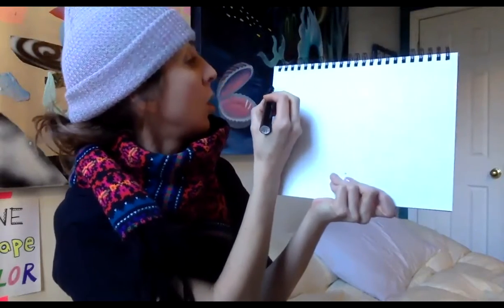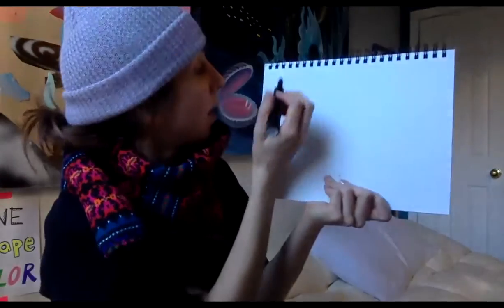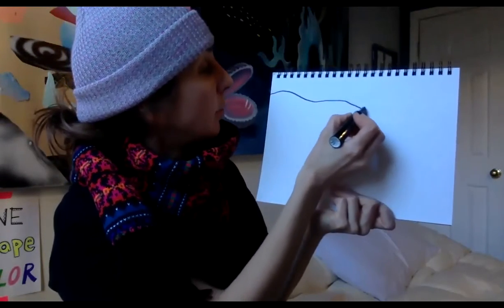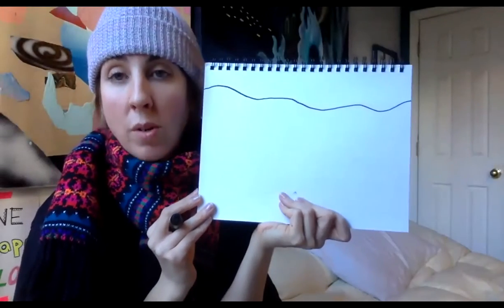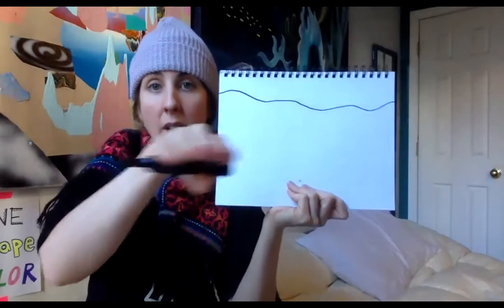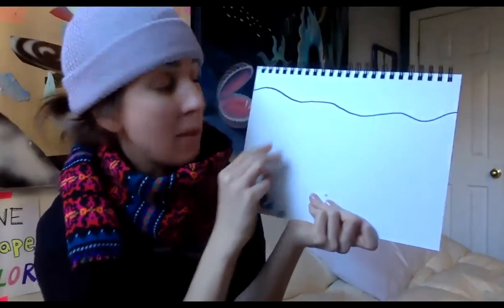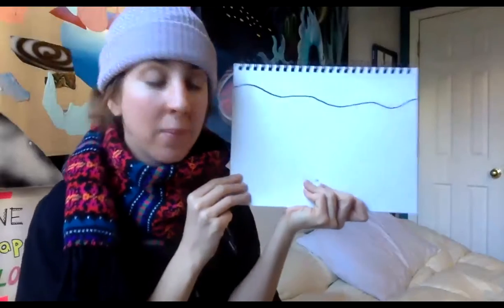Okay, so yours can be flat or yours can be hilly, however you want. I think mine's going to be a little bit hilly. Usually when you live in a city, if you look back, it's straight, but you see lots of buildings, right? But this is gonna be a nice winter landscape, so we're gonna see snow and trees, okay?